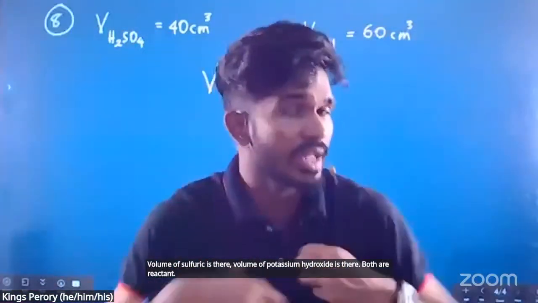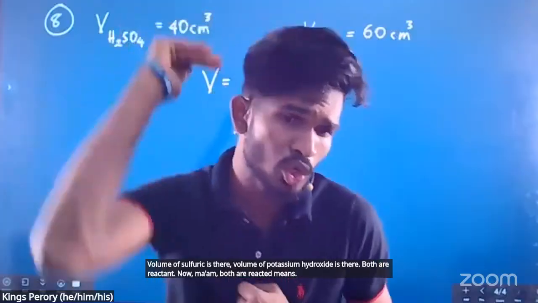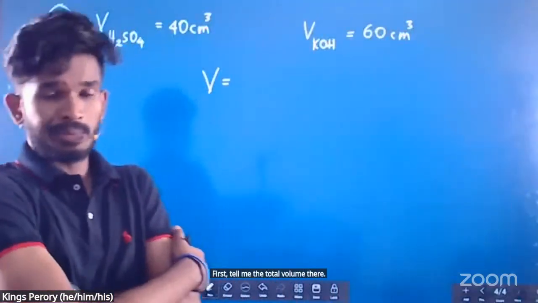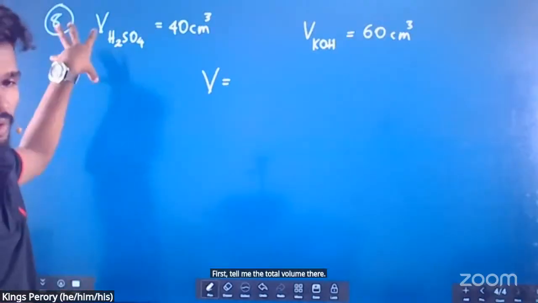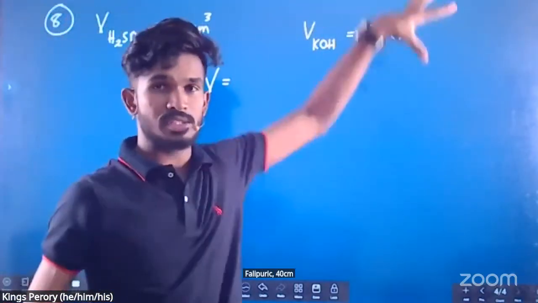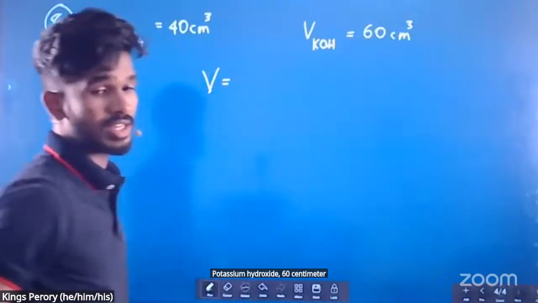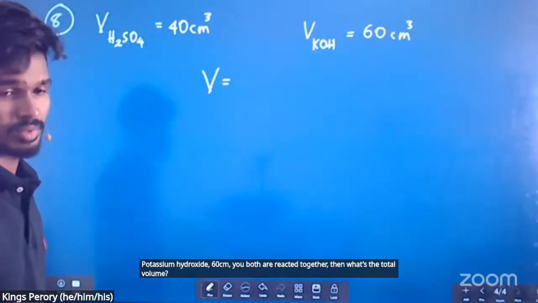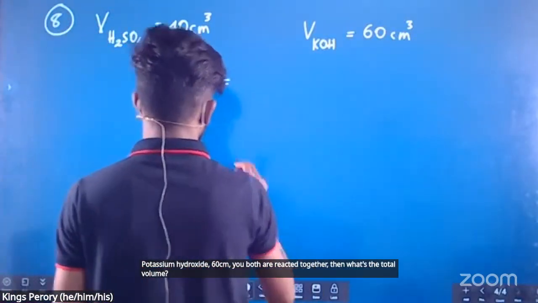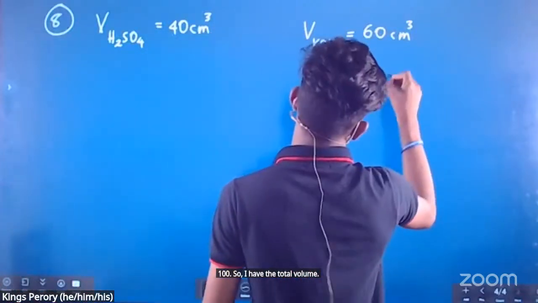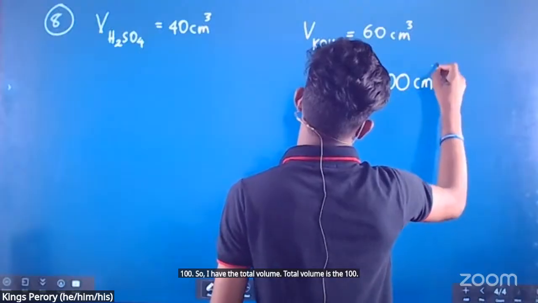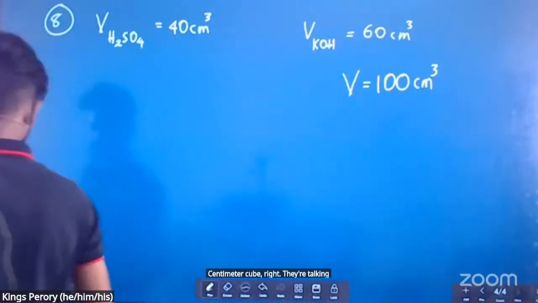Now, both are reacted, so first tell me the total volume. Sulfuric acid 40 centimeter cube, potassium hydroxide 60 centimeter cube, both reacted together. Then what's the total volume? 100. Total volume is 100 centimeter cube, right?